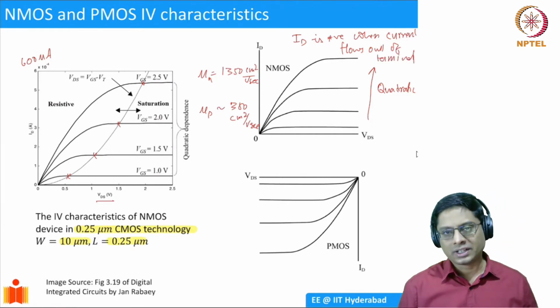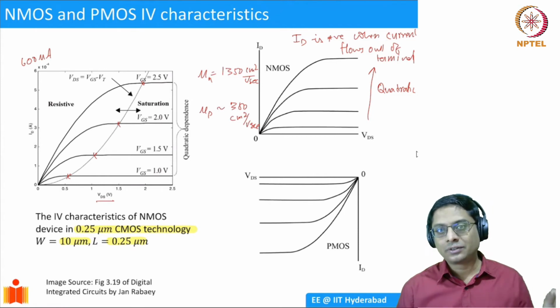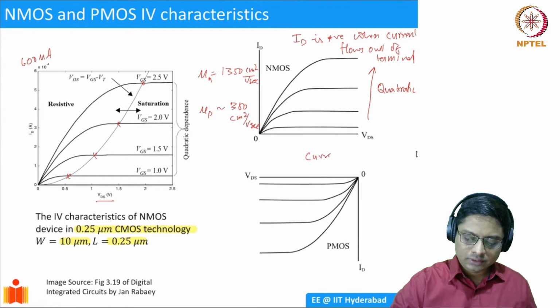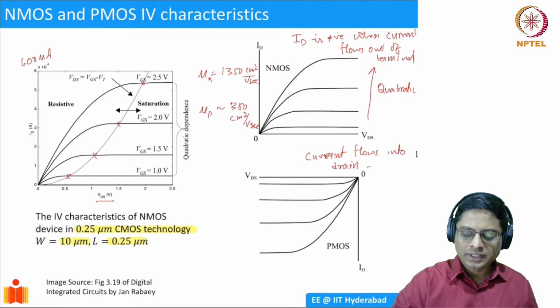When you take a PMOS device, you have holes which are moving and they flow into the drain. So here current flows into the drain, and that's why we take it to be negative.